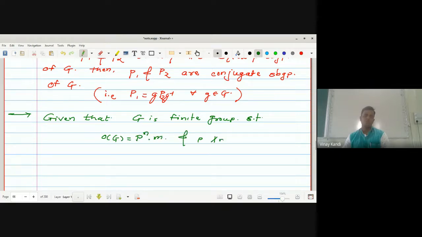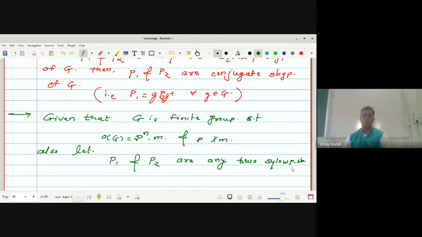And also let P1 and P2, this is capital, be two Sylow p-subgroups.